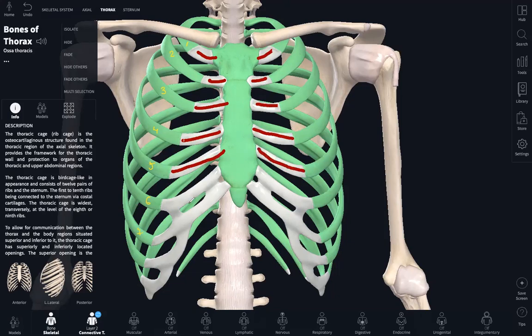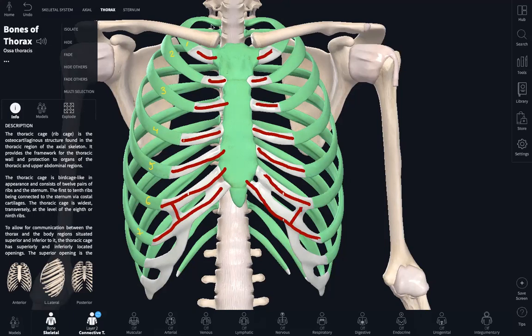This is the 5th pair of cartilage, the 6th pair of cartilage, even the 7th cartilage, although it is in between forming a kind of bridge with the 6th cartilage, but still the 7th cartilage joins to the sternum. It extends up to the sternum as well. Are you all getting it?